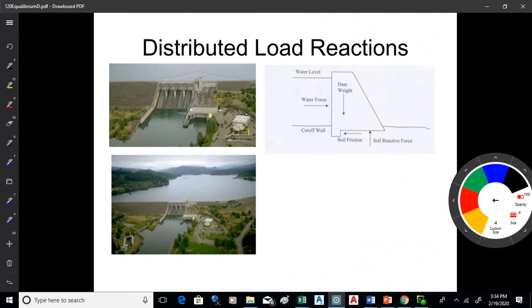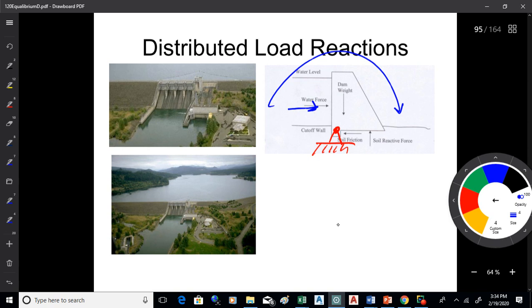Quite often when you're doing a dam, the basic assumption you make is you've got a pin here at what they call the cutoff wall, and that the water force then starts to push on the dam, and it will rotate the dam like that, and the soil will then push back. And the soil will push back in a pattern, kind of depending on how hard that rotation causes the base of the dam to push against it. So the further out from the pin, from that assumed pin joint at that cutoff wall you go, the greater the soil reaction.